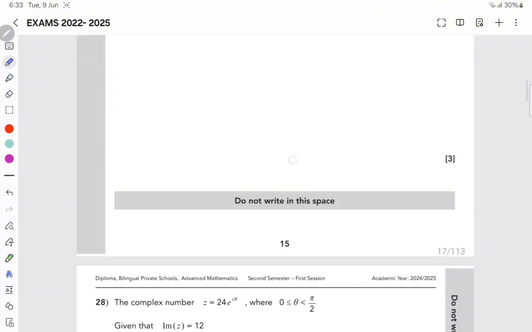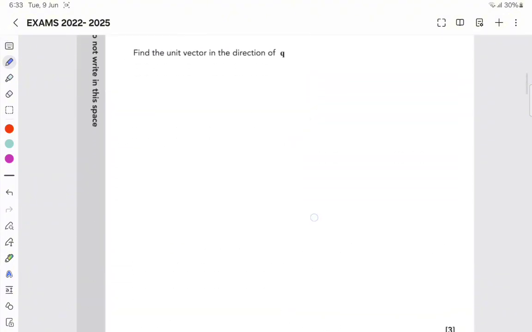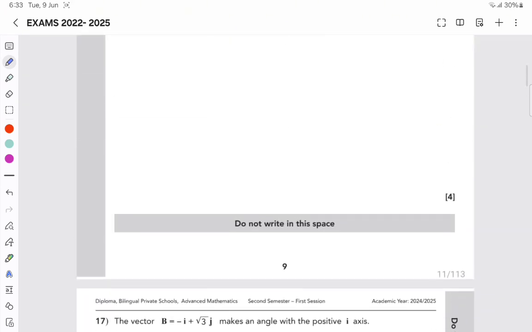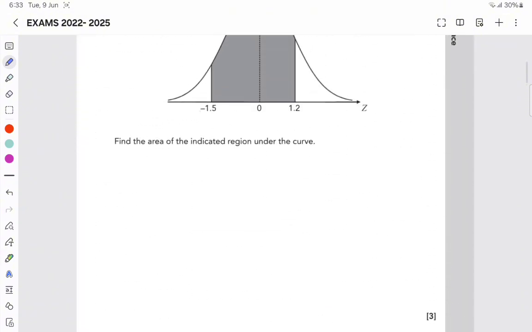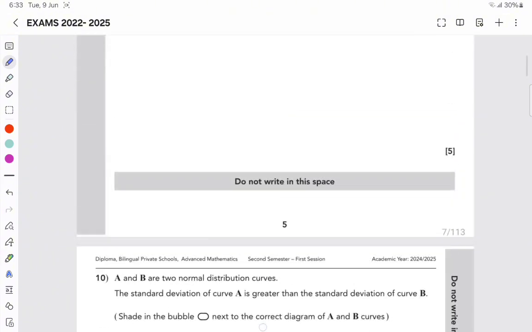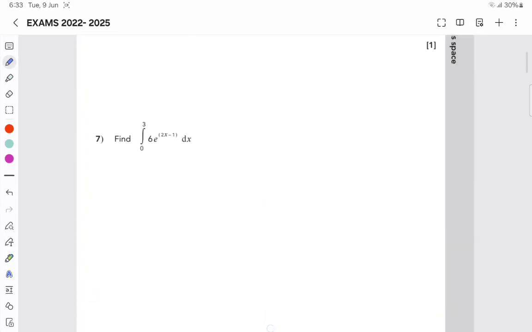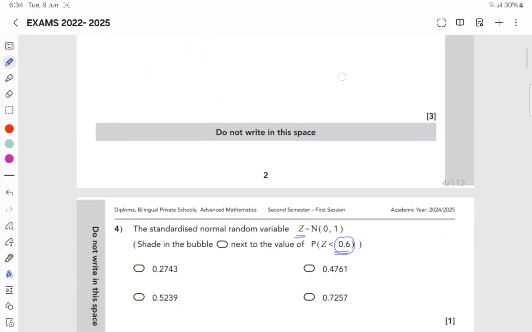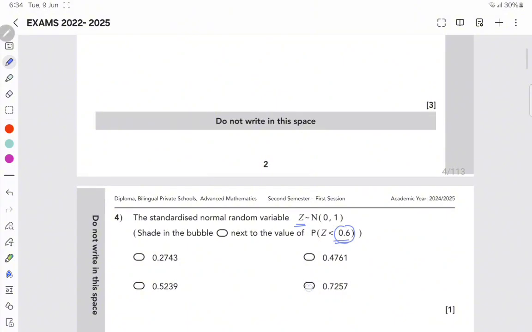So the answer is 0.7257. That is my answer.